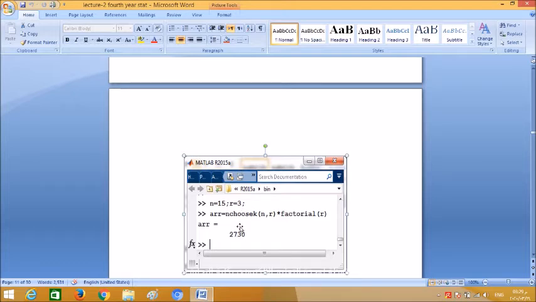If we divide n choose k by factorial r, because the relation between combination and permutation is, you can say, NPR equal NCR multiplied by R factorial.